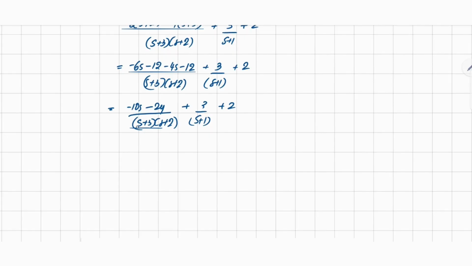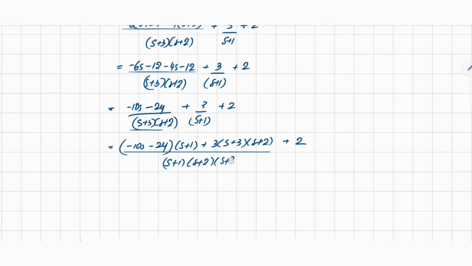Here we can cross multiply again as there are no common factors. So we get (minus 10s minus 24) times (s plus 1) plus 3 times (s plus 3) times (s plus 2), plus 2 over (s plus 1) times (s plus 2) times (s plus 3).